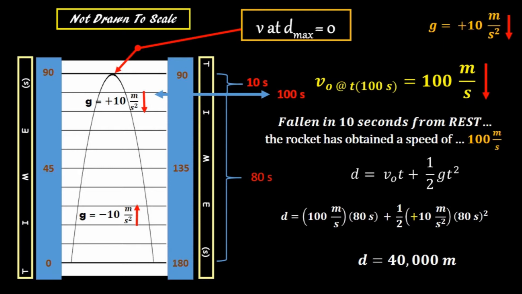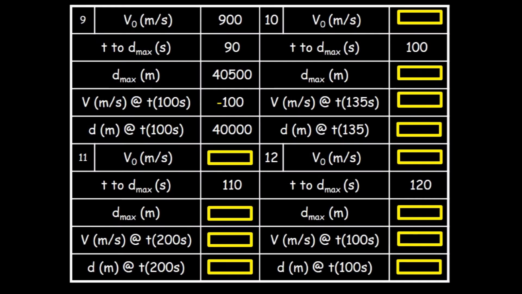Now, the next one is going to be 110 seconds to d max, and I'm going to assume the initial velocity would be 1,100 meters per second.